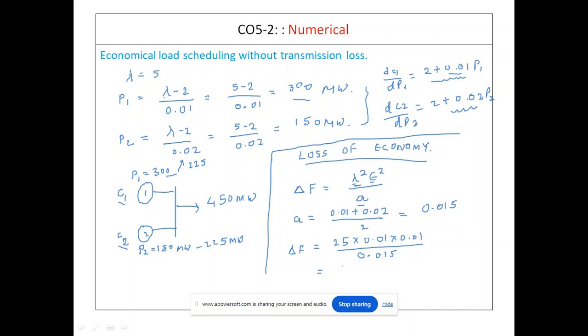Okay, so this value is coming out to be 0.01667. The unit is rupees per hour.